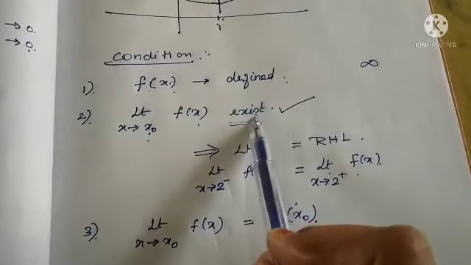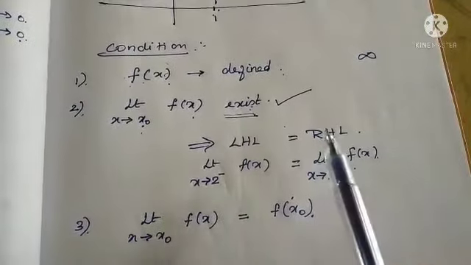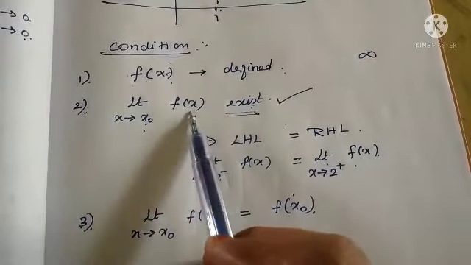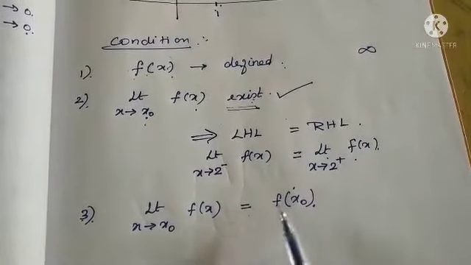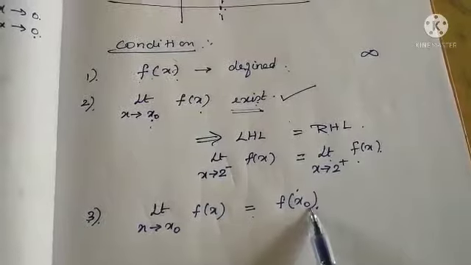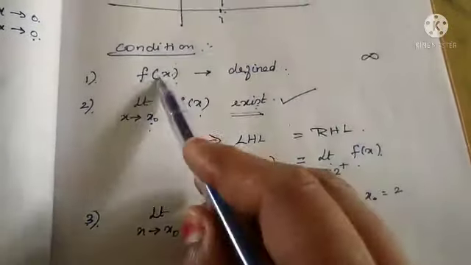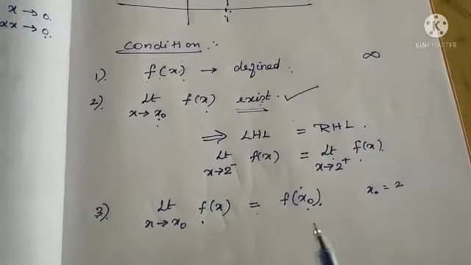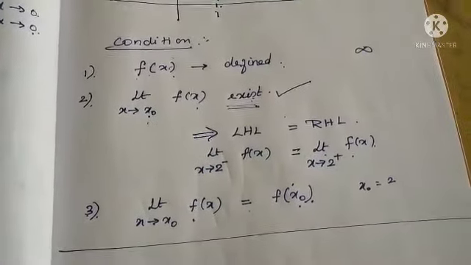How you can prove it exists: left hand limit and right hand limit, both answers should be the same. Third point, limit value whatever you got from the second condition should be equal to f at x naught. That is, you should substitute the x naught value, for example 2, in the question. That answer and your limit answer should be the same. Okay, so this is your condition for continuous function.